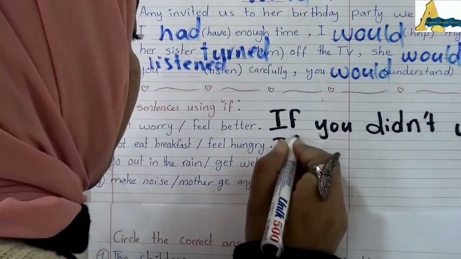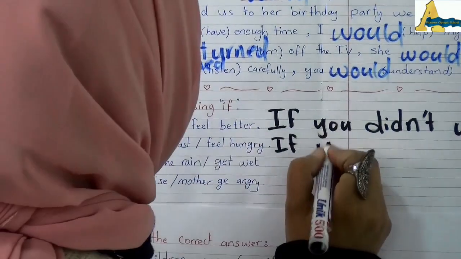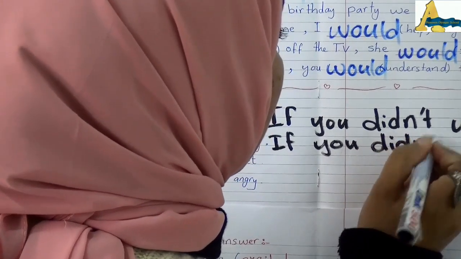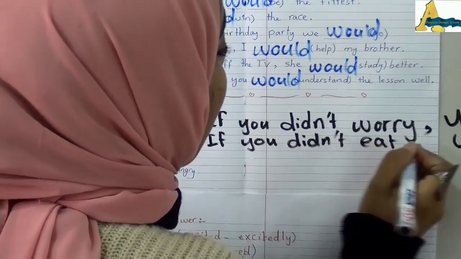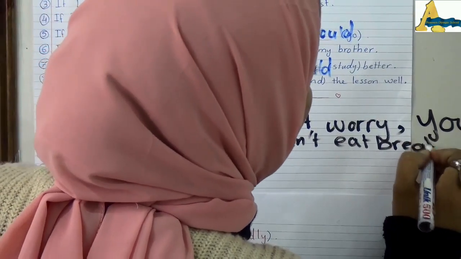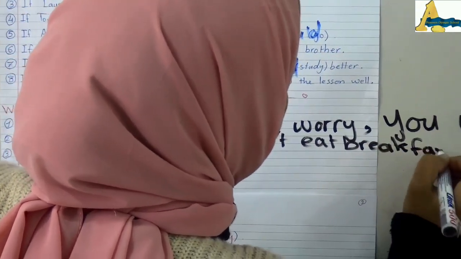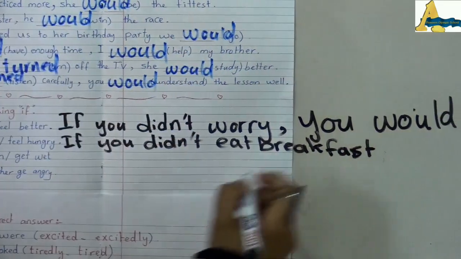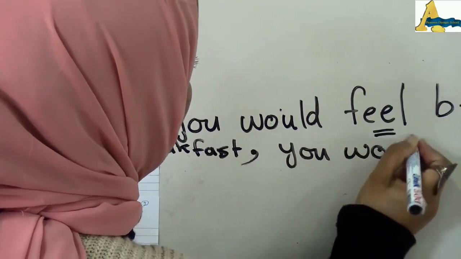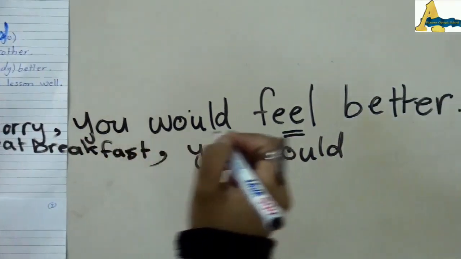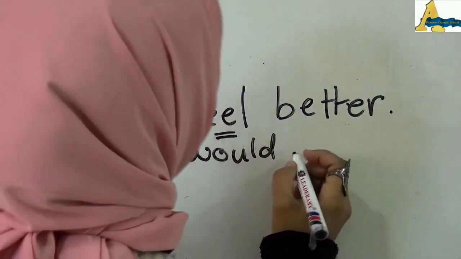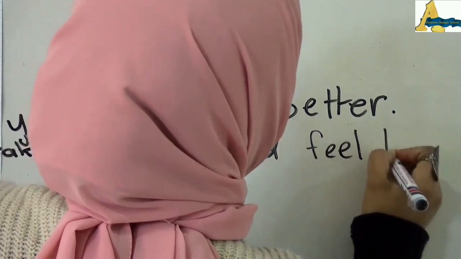Number 2, not eat breakfast, feel hungry. So, if you didn't eat breakfast, again we are using the past tense. If you didn't eat your breakfast, you would feel hungry.